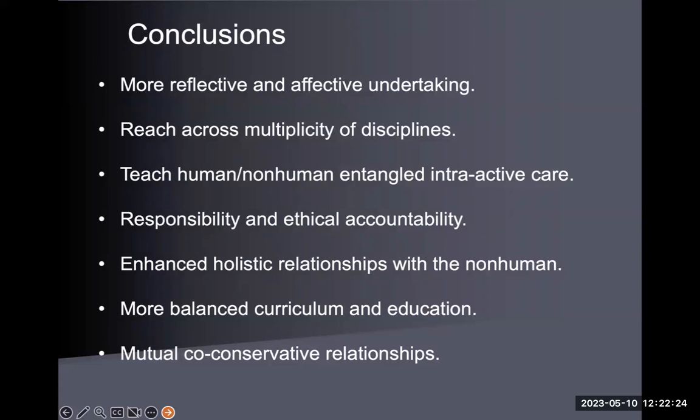Perhaps through a new quantum-based attention towards non-human objects and their materials, a more balanced curriculum might feature mutual co-conservative human, non-human relationships, which are evolving.